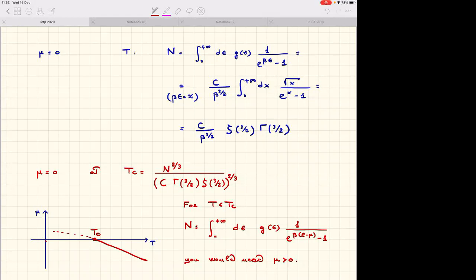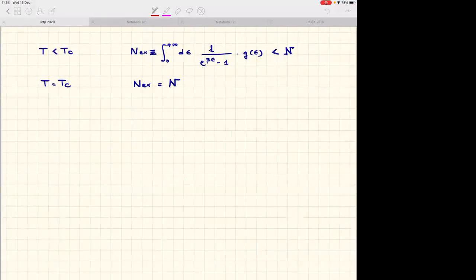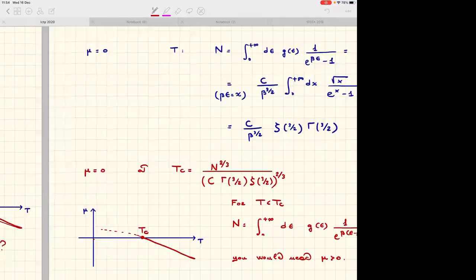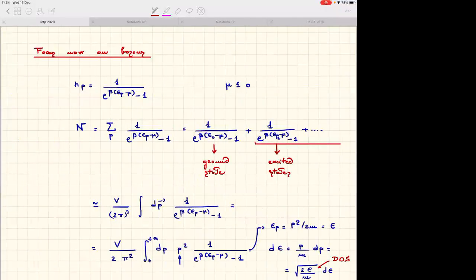What is going on is the following. You always have to remember where this integral comes from. This integral comes from this sum. And I told you that this sum has two contributions. One contribution is from occupying the excited states with bosons.